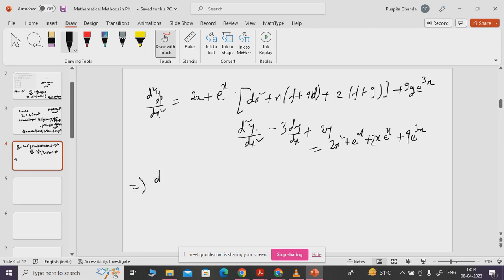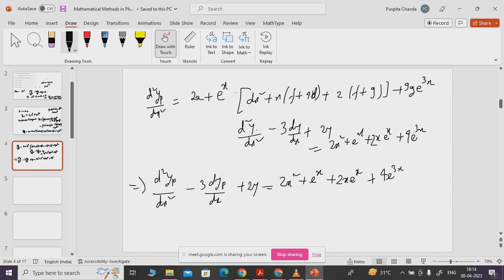So yp will satisfy this equation, so this should satisfy the right hand side.